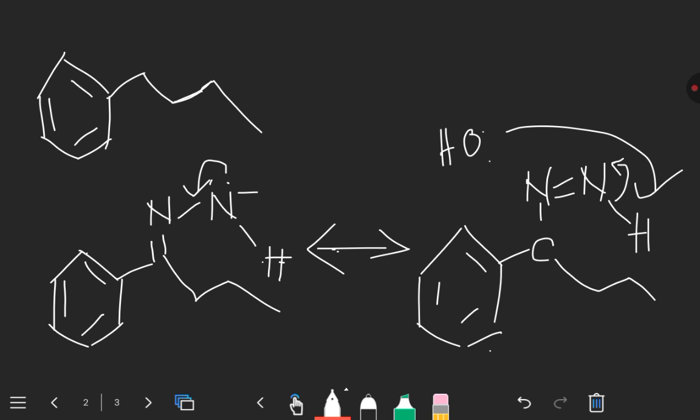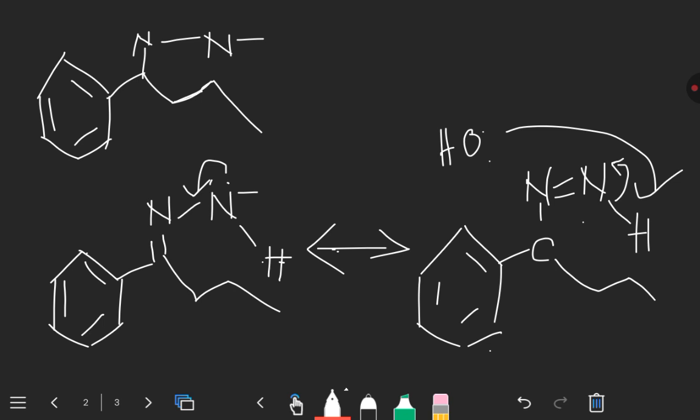Then we know we have a nitrogen there bonded to another nitrogen, like that. And since when this bond was broken, it took the electrons to this nitrogen, it will be negative, like that.